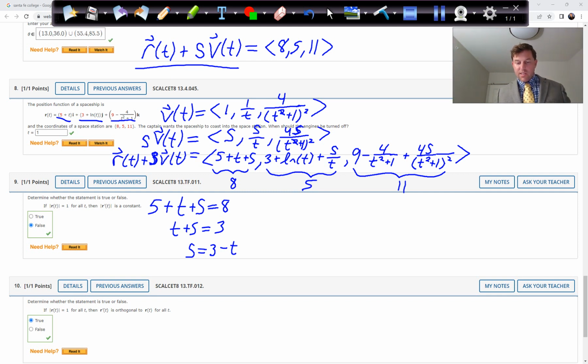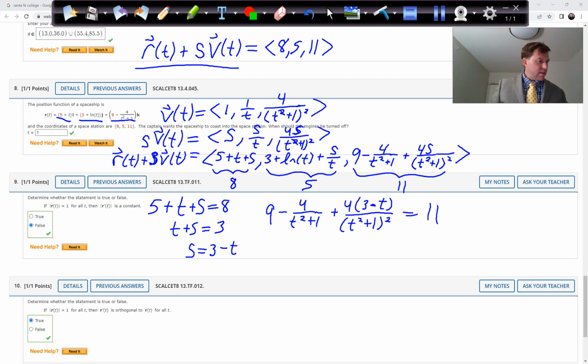And now, because natural log is difficult to work with, we're actually going to solve the third equation. And we know what s is. So we're going to have 9 minus 4 over t squared plus 1 plus 4 times s, but we know s, it's 3 minus t, over t squared plus 1 squared has to equal 11.